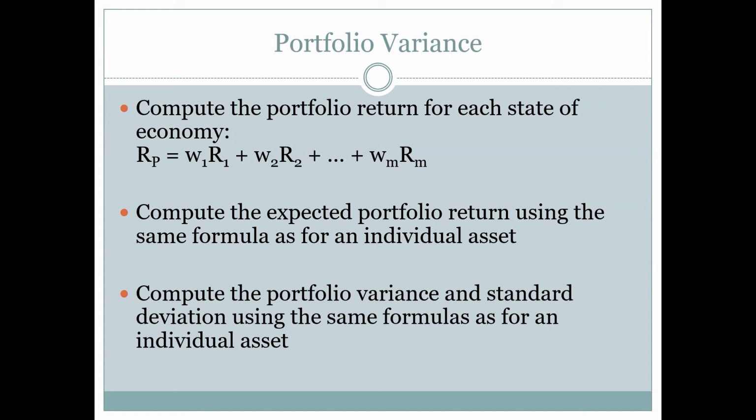The portfolio variance is not simply the weighted average variance. And this is because the way that portfolios work is they work in reducing risk in a systematic way. And so because of that, it's not just an average of the risks. It's a unique characteristic in and of itself.